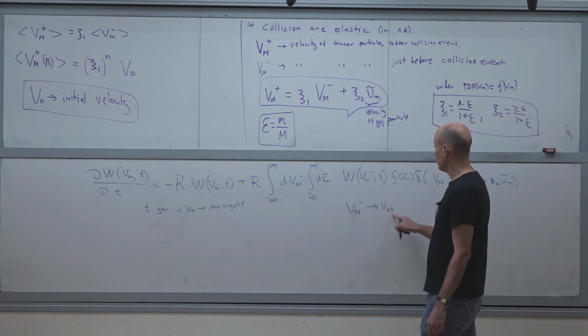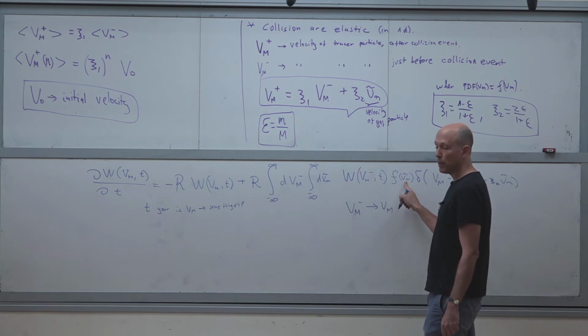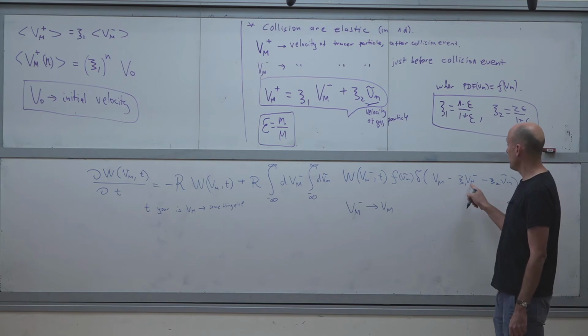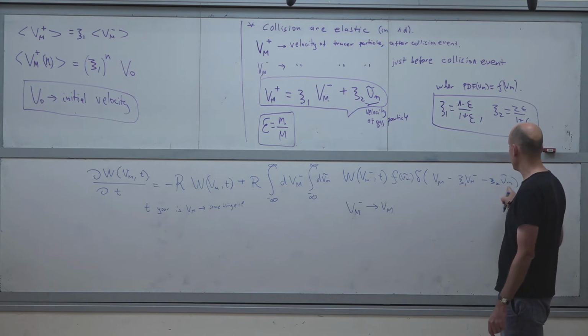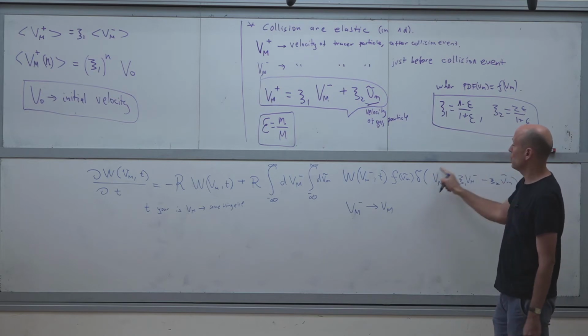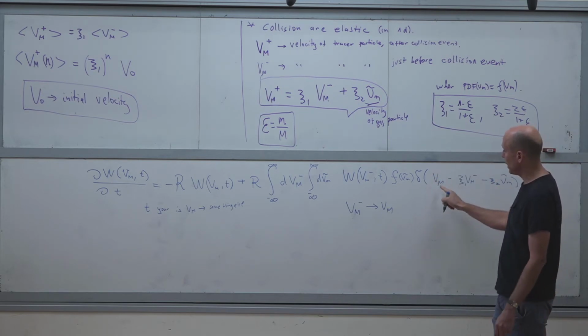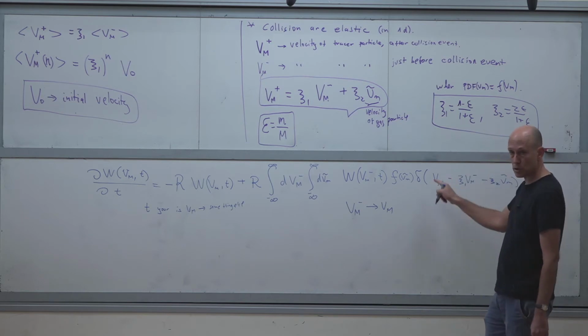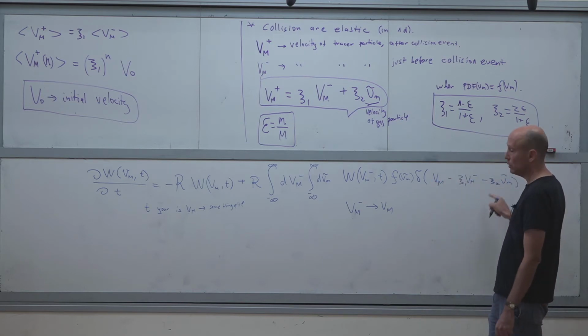How do you go from here to here? You need to collide with a particle. And here is the rule. If I have Vm minus and I have this Vm, then this is just the conservation of energy and momentum. I'll go to Vm. I hope everyone sees this is just the collision here.